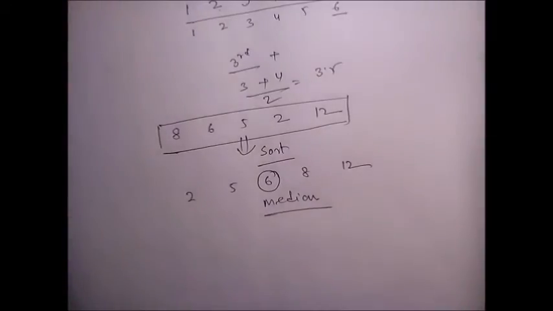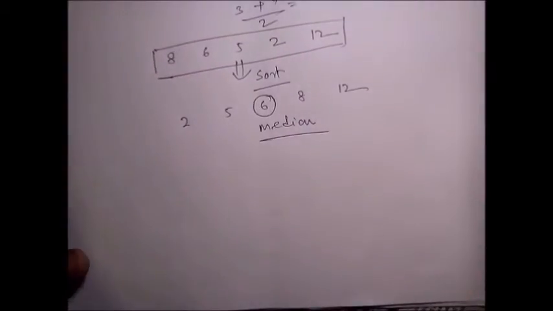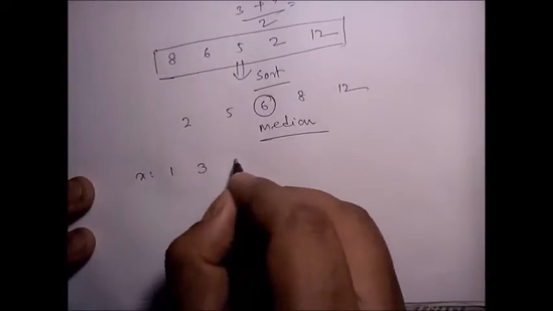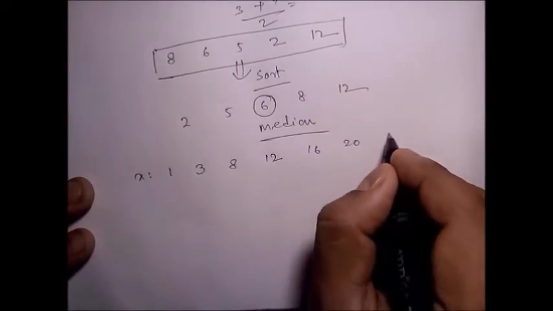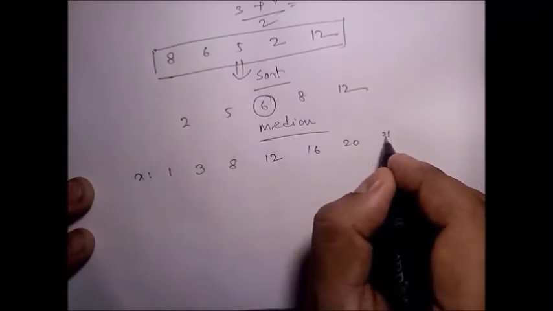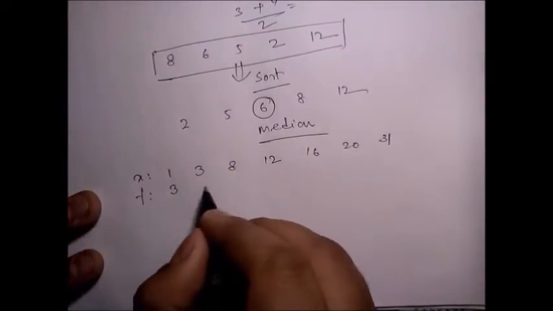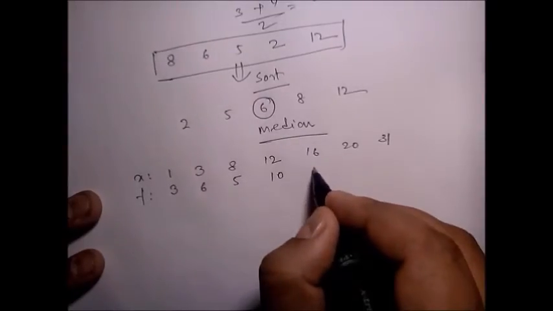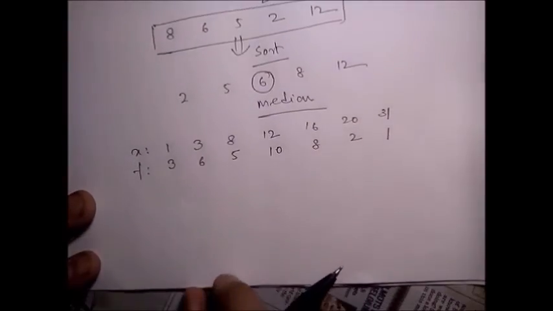Okay. Now, how to calculate the median for the ungrouped frequency table? Suppose we have the data 1, 3, 8, 12, 16, 20 and 31. The frequencies are 3, 6, 5, 10, 8, 2, 1.